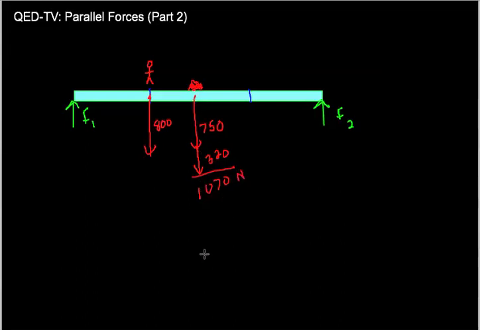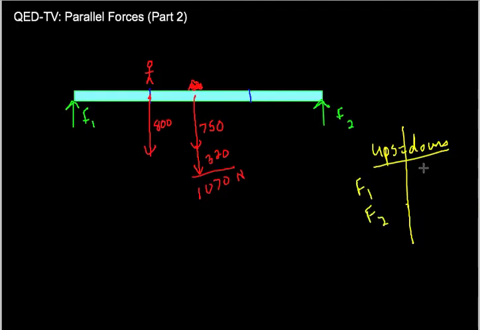Okay, so what I want to do in this problem is figure out what is the force on F1 and what is the force on F2. Now, the first thing, remember, there's three rules. And the first rule is ups have to equal downs. So we're going to make a chart here first. My ups, I have an F1 and I have an F2.